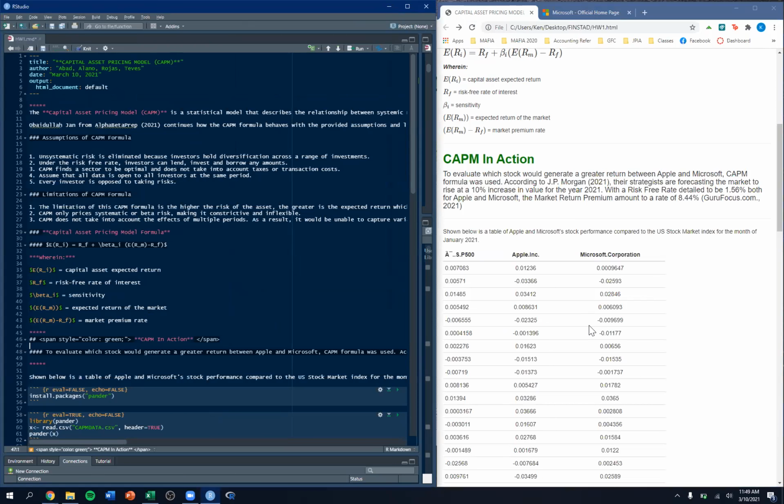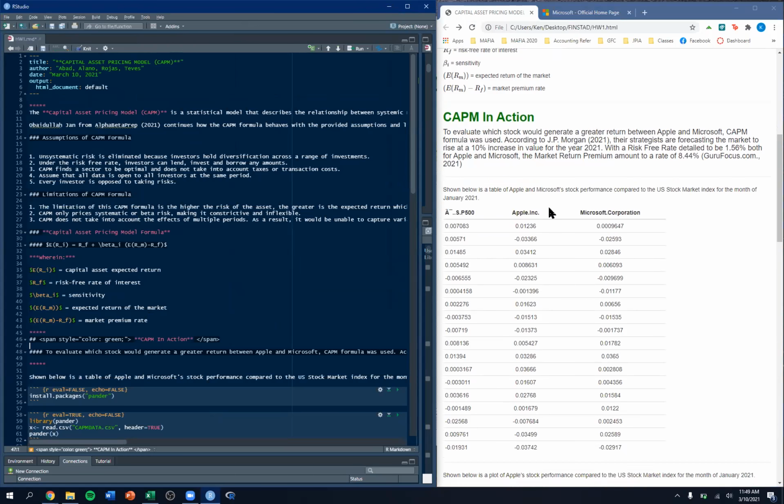Okay, so continuing on. CAPM in action. Here we made a case so that we could apply CAPM to evaluate which stock would generate a greater return between Apple and Microsoft. According to JP Morgan 2021, the market was forecast to rise 10% in value for the year 2021.